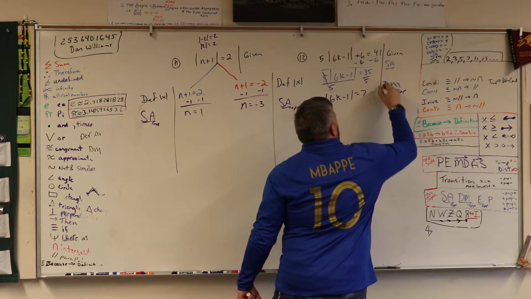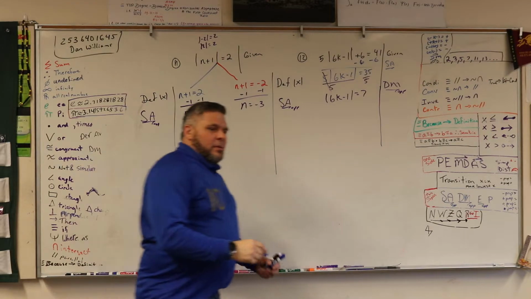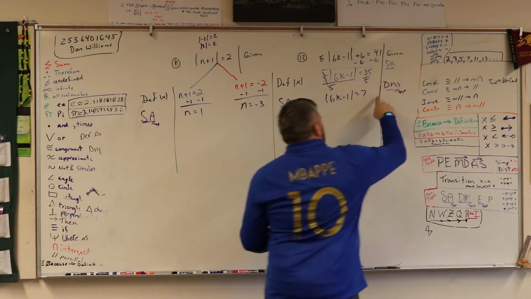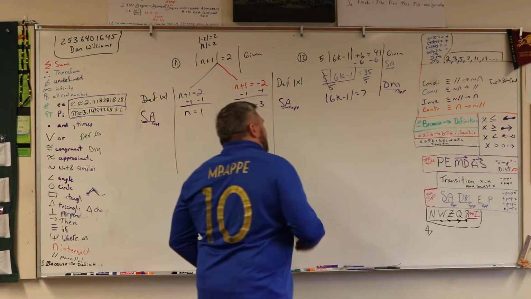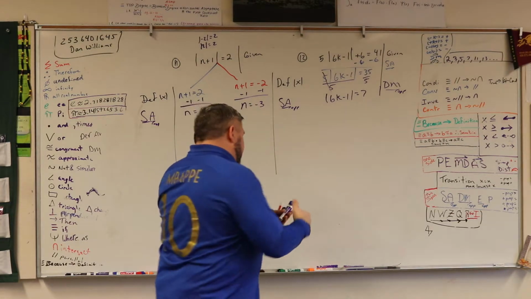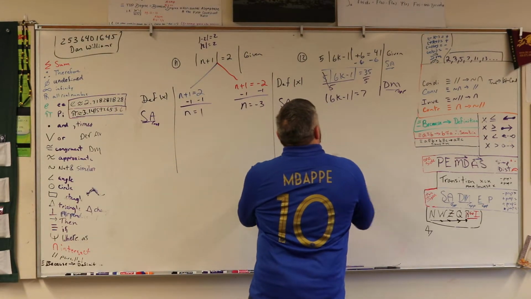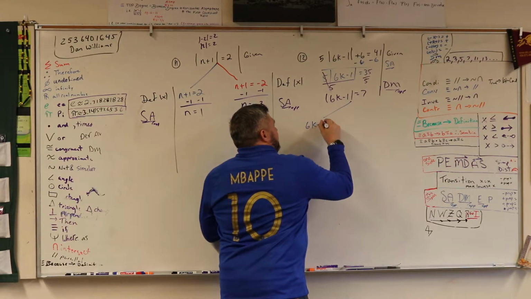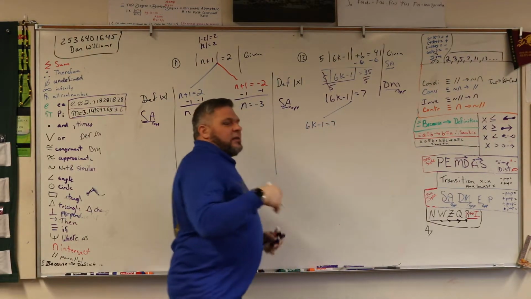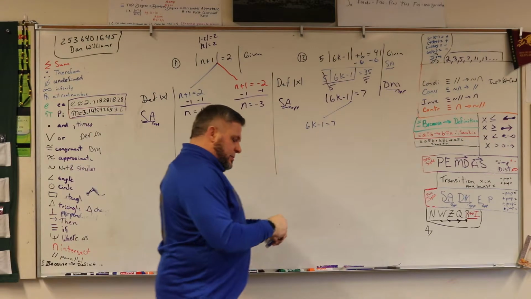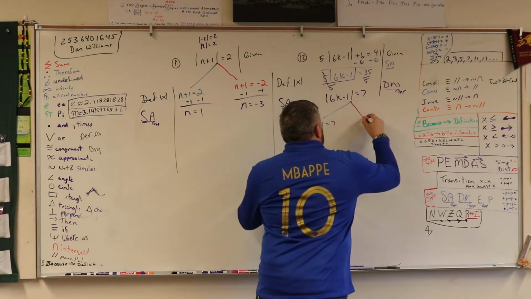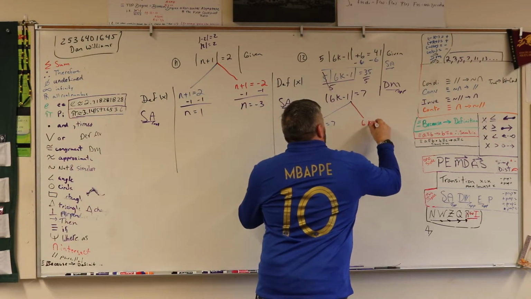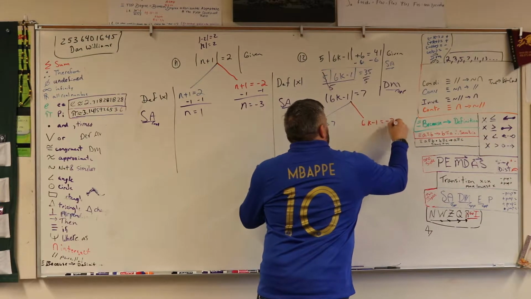Then what do we do? We gotta make the 2 of them, yeah? So we're going to go one way. 6k - 1 = 7. And then the other way is? Same exact thing except it's -7. Exactly. 6k - 1 = -7.